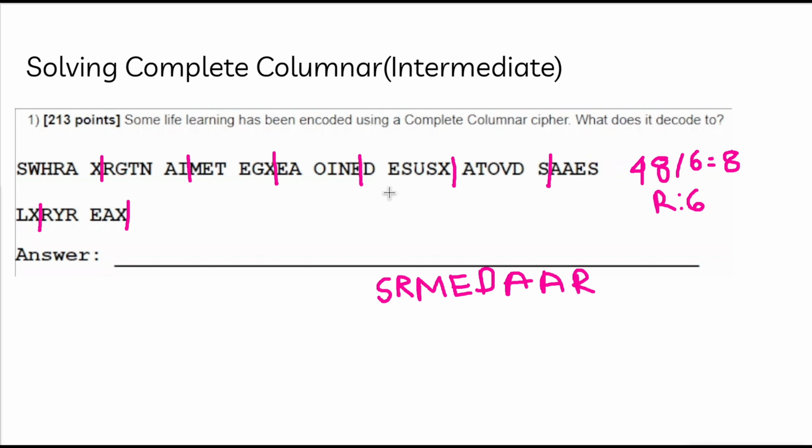So something to note is that since we know that X is really helpful in complete columnar ciphers, we have an X over here due to the intermediate level with no keyword, right? So whenever there is a group that does not end with the X, that means the starting letter of that group would be towards the beginning. And again, this is just a rule.